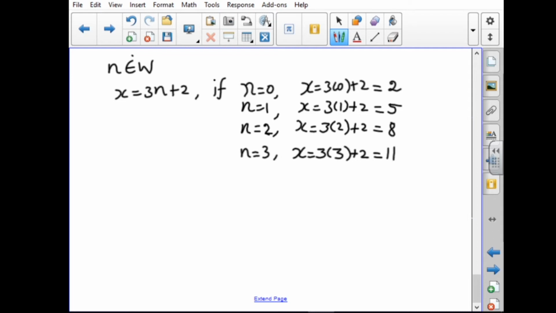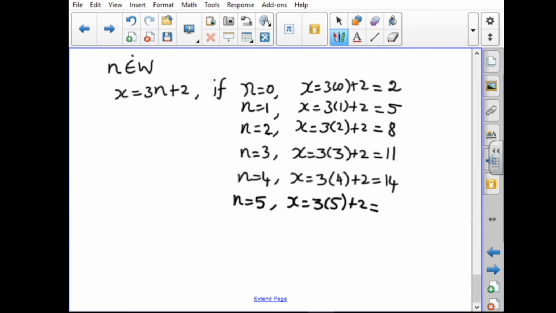Under the condition x less than 15, suppose you take n is equal to 4, what do you get? x is equal to 3 4s are 12 and then 14. If you take n is equal to 5, what do you get? x is equal to 3 into 5 plus 2, that is 3 5s are 15, 15 plus 2, 17.